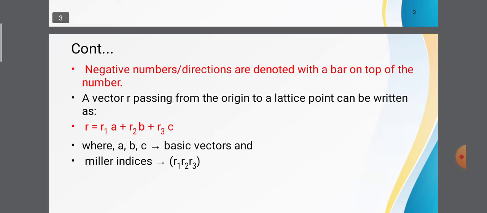And negative numbers or directions are denoted with a bar on top of the number. Here a vector r passing from the origin to a lattice point can be written as r = r1a + r2b + r3c, where a, b, c are basis vectors and the Miller integers are r1, r2 and r3.